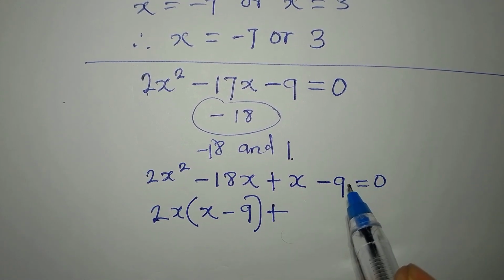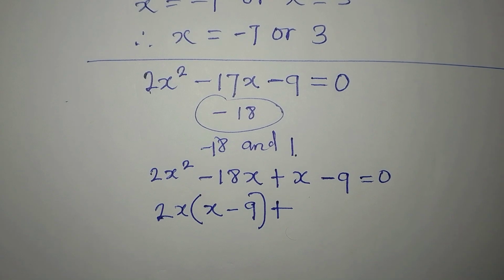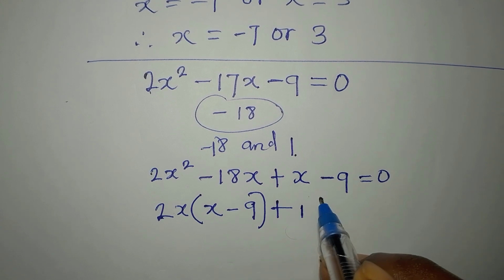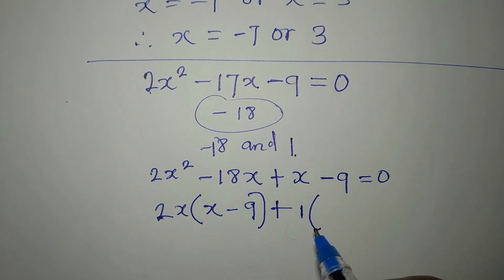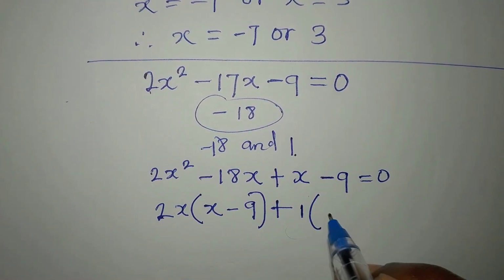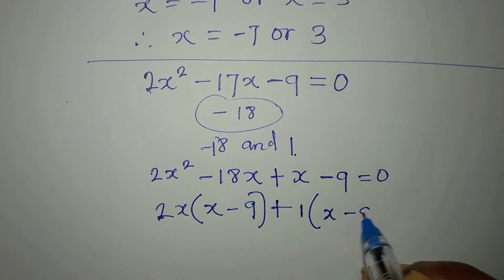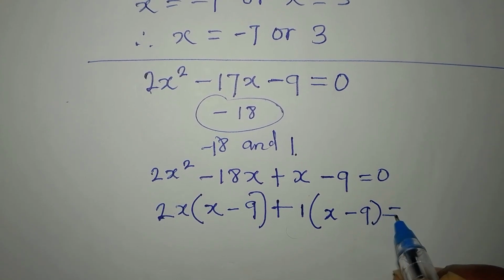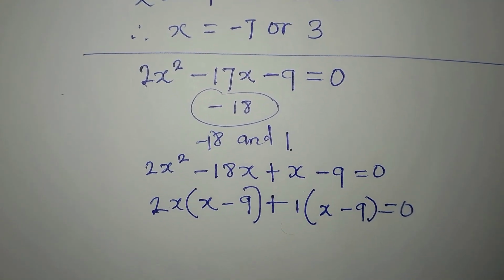Nothing is common, and every time you don't have anything common, it means that the common factor is 1, because 1 is a factor of every number, right?